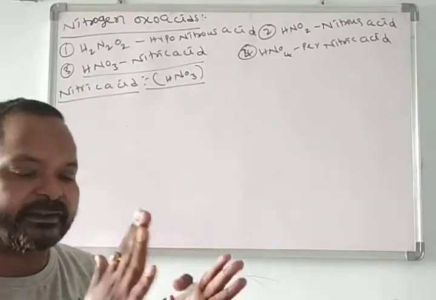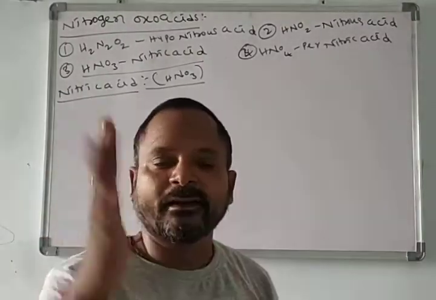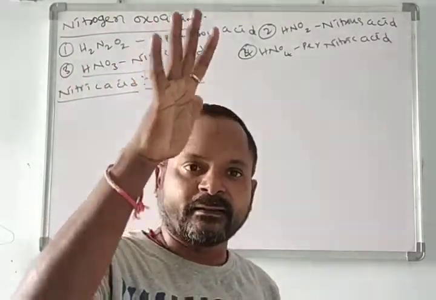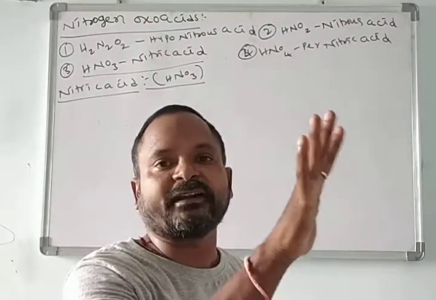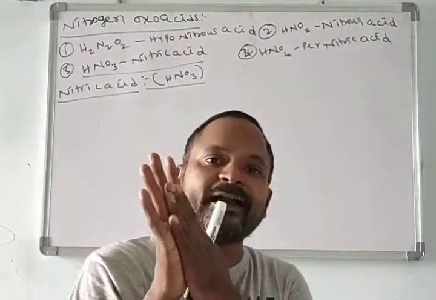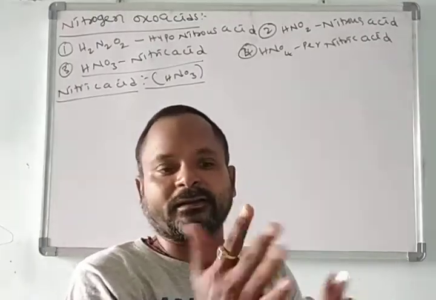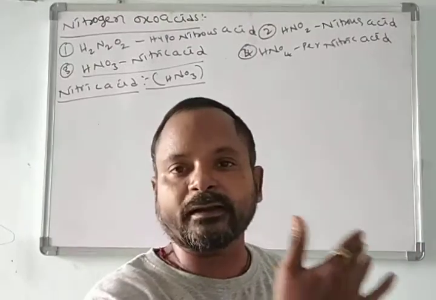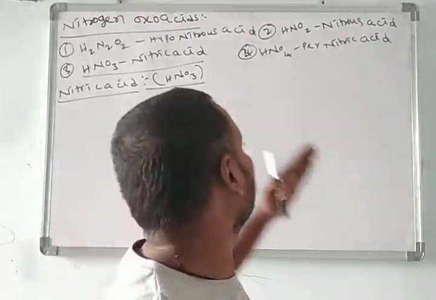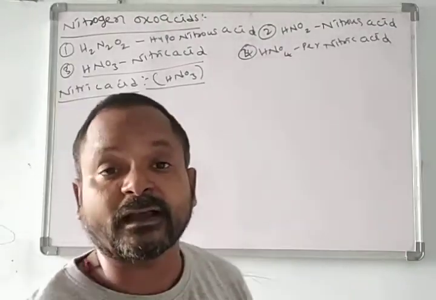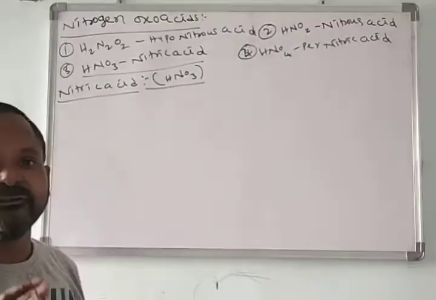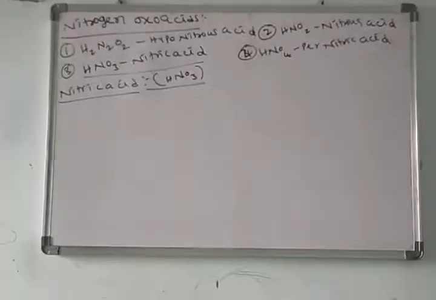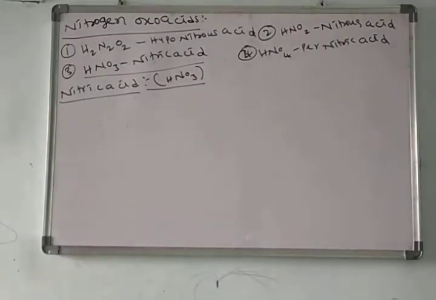For example, when we touch nitric acid, our colorless hands become yellow. That means colorless skin proteins convert into xanthoproteins. This is the important property.